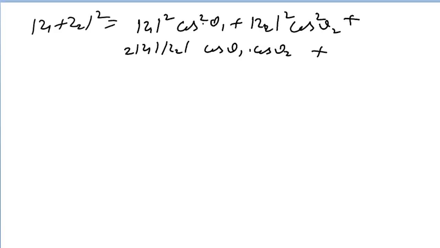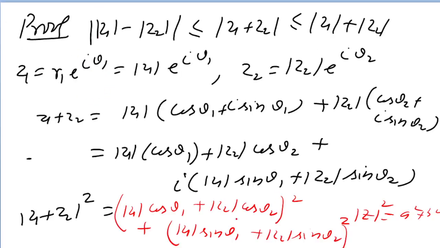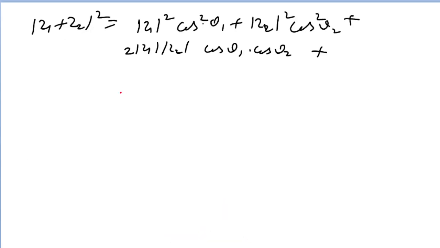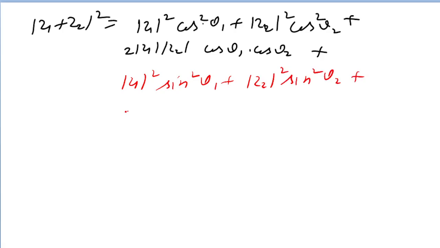Now squaring the imaginary part, it will be the same: mod z1 square sin square theta 1 plus mod z2 square sin square theta 2 plus 2 mod z1 mod z2 sin theta 1 sin theta 2.